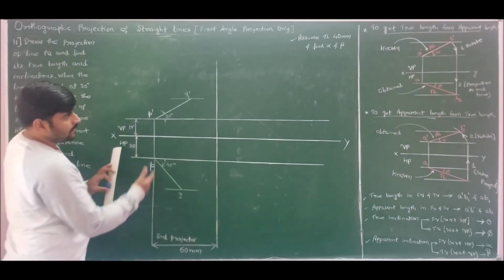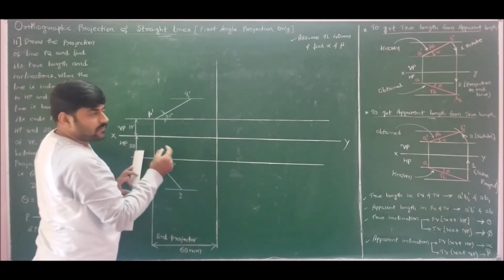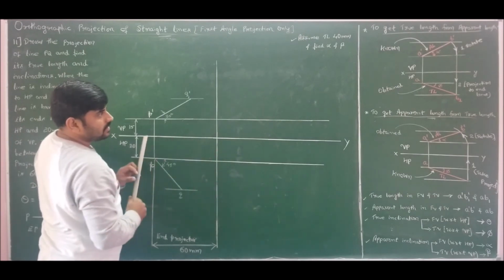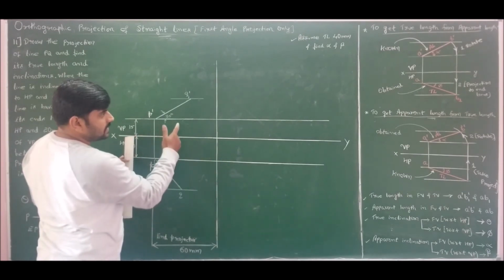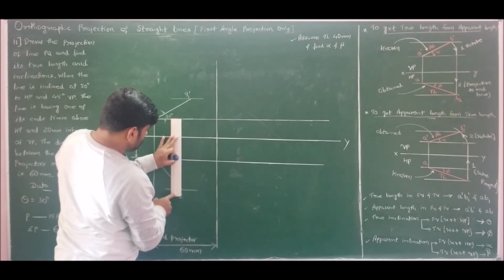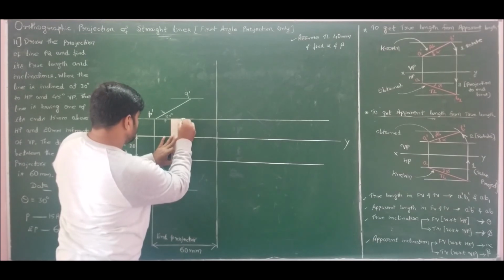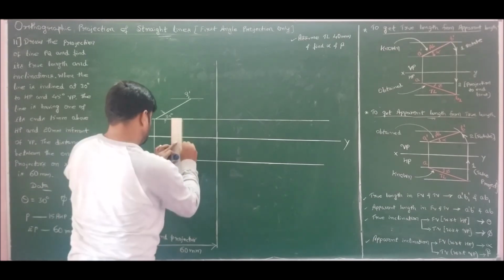Now to extract the apparent length from the true length, we already know that first I should project and then I should rotate. So let me project to the initial end locus of the line in the opposite plane. I have projected.